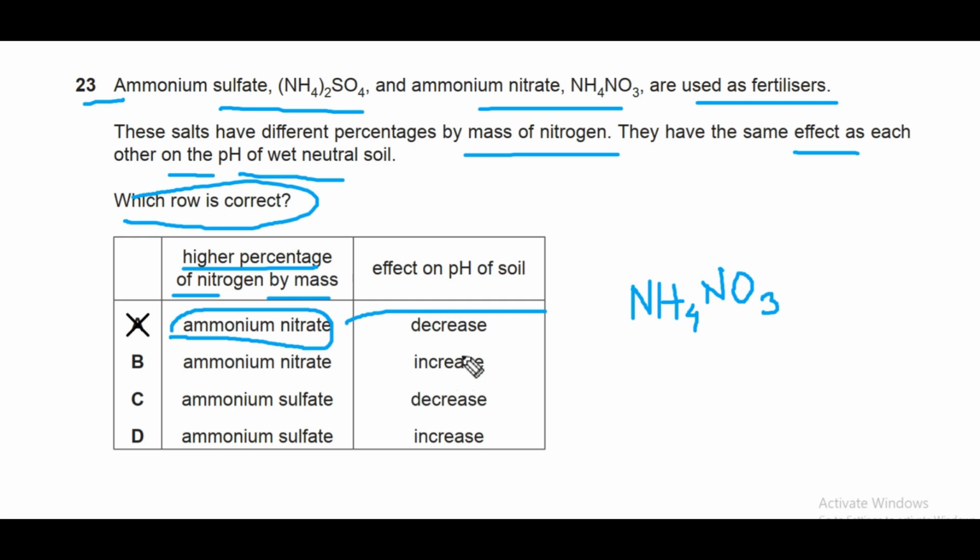And effect on pH of the soil: decreases. As ammonium nitrate is an acidic salt, the pH of the soil will decrease.